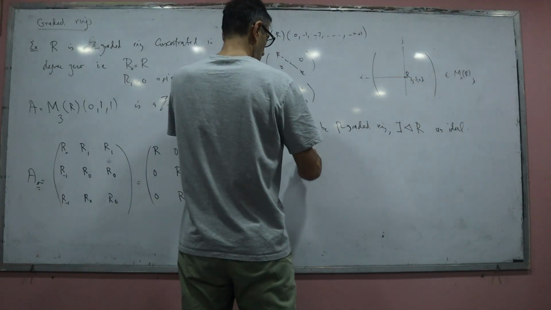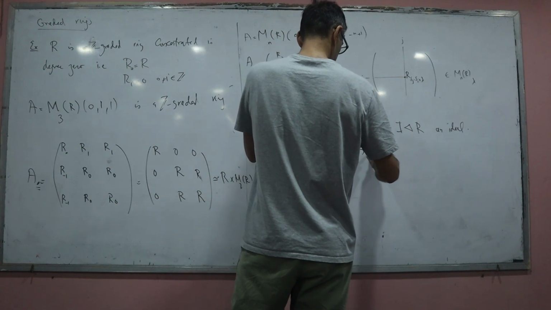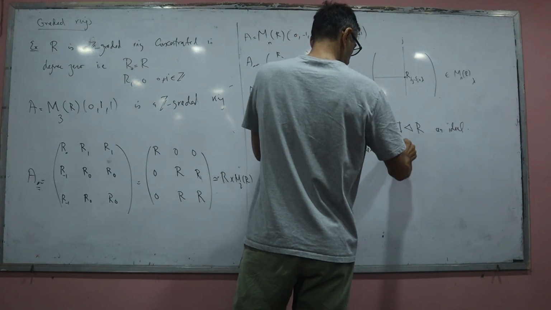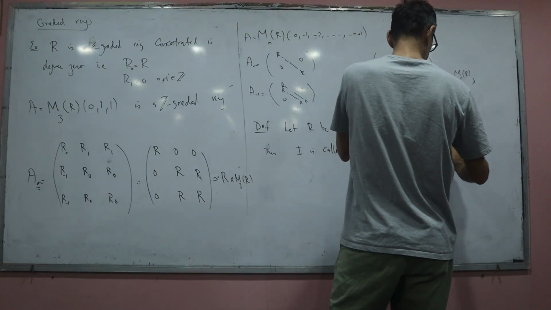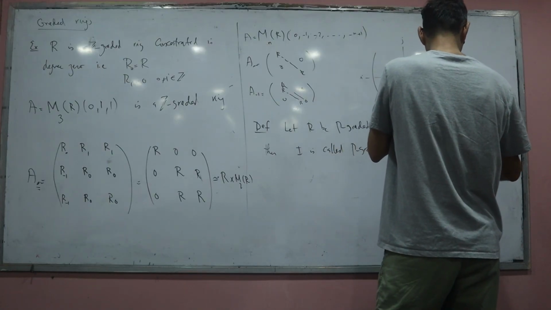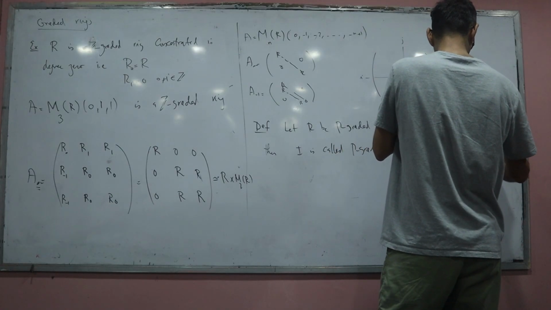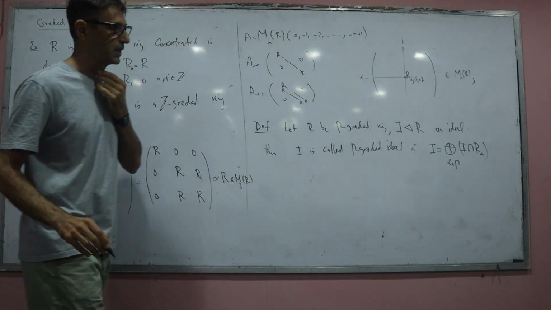So then I is called a gamma graded ideal if, and this is one way to put it, there are a couple of different ways, I is the same as the direct sum of I intersection R_alpha, if you would be able to write it this way.